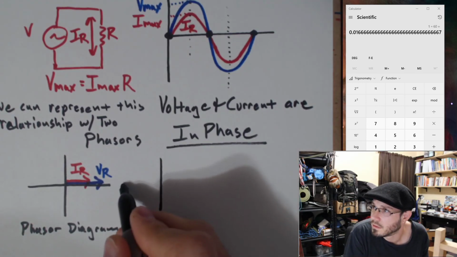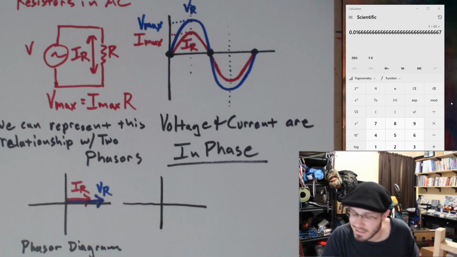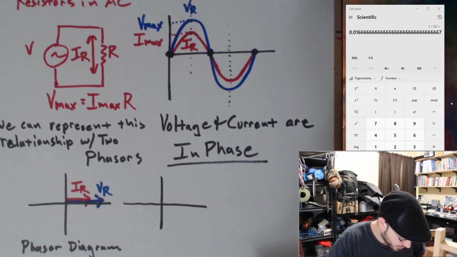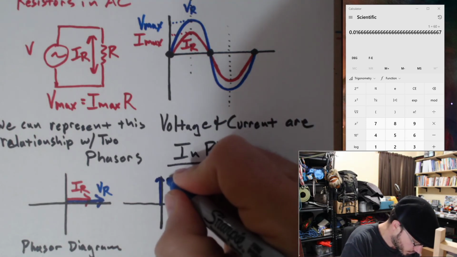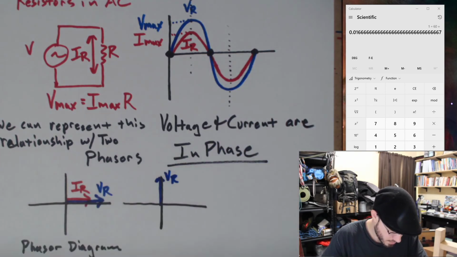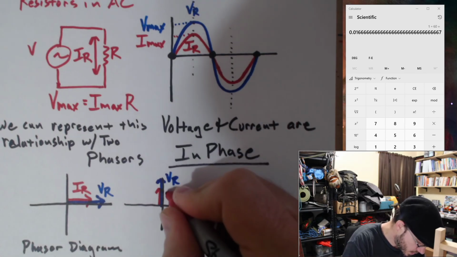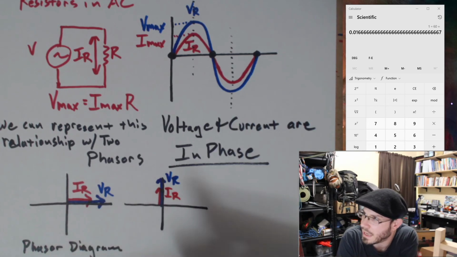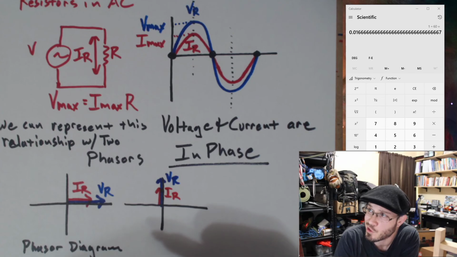But if I wanted to look at it at its max instantaneous value, I could draw these up here and here. And for all practical purposes, this is the same thing. It's just a different moment in time that I went ahead and I drew it.